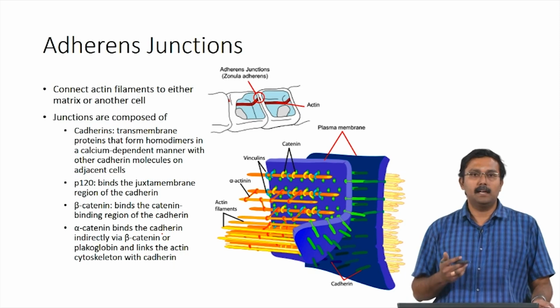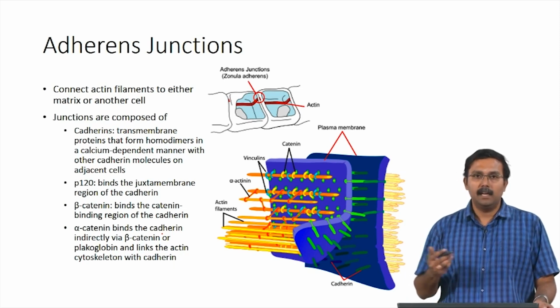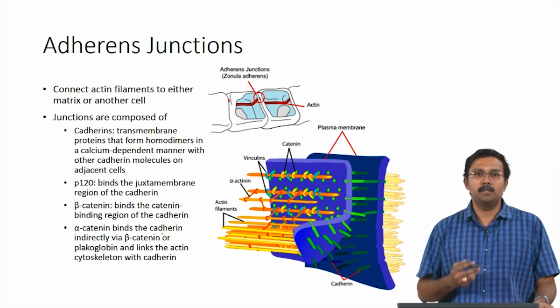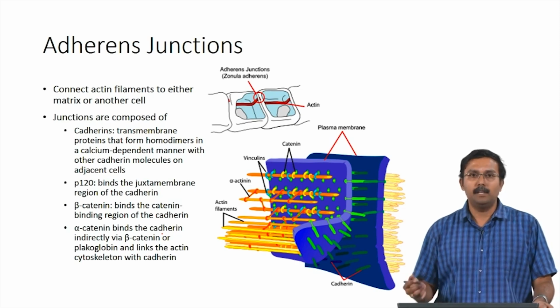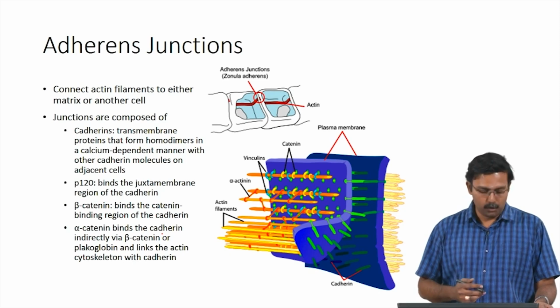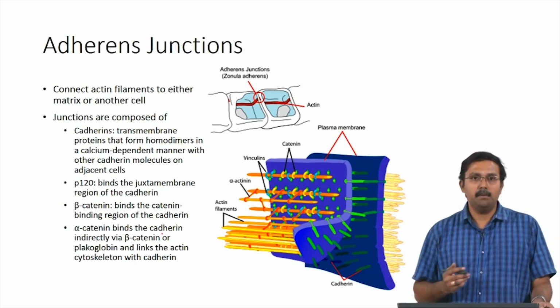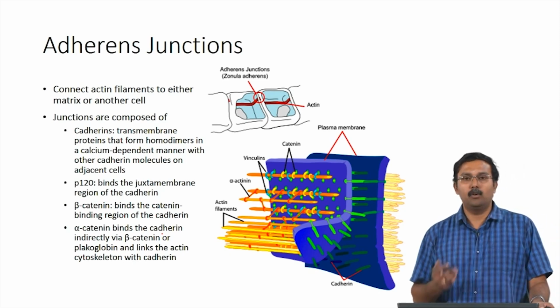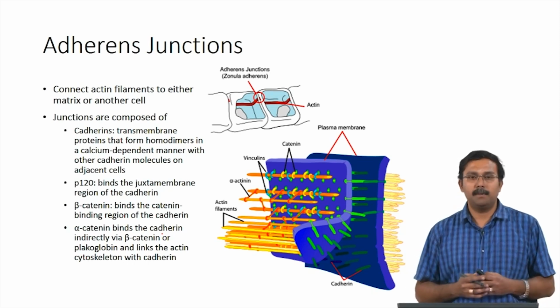Adherens junctions are the type of junctions which connect actin filaments to either the matrix or the cell, and the junctions are usually composed of cadherins, which are transmembrane proteins that form homodimers in a calcium dependent manner.